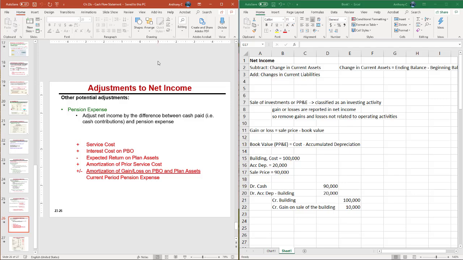However, when we account for pension expenses, a company does pay out cash when it makes contributions to the pension fund, and when a company makes these cash contributions, we didn't recognize an expense for them. So when we deal with pensions, we'll add back the pension expense to net income, but we'll subtract out the amount of the cash contribution.